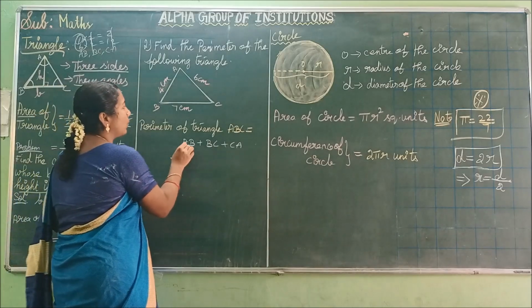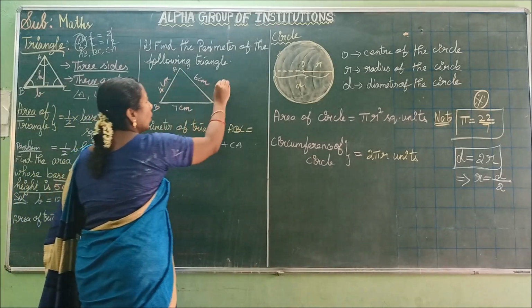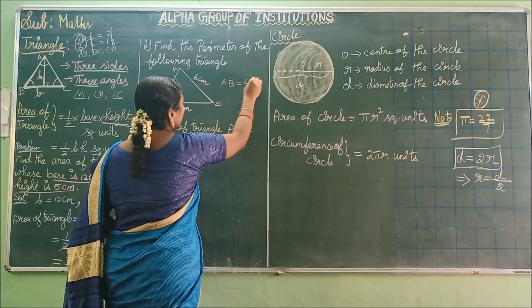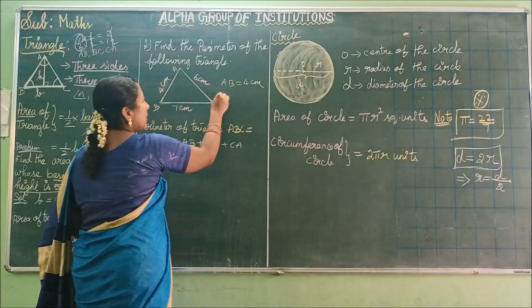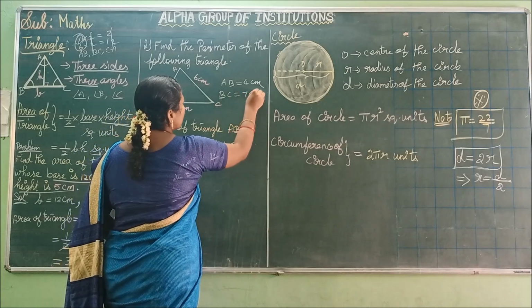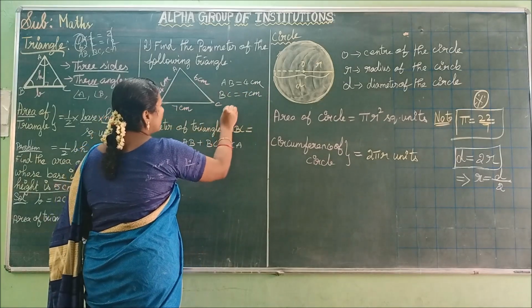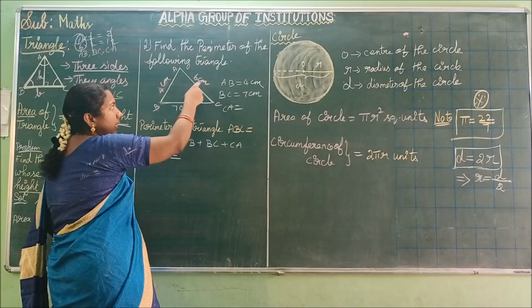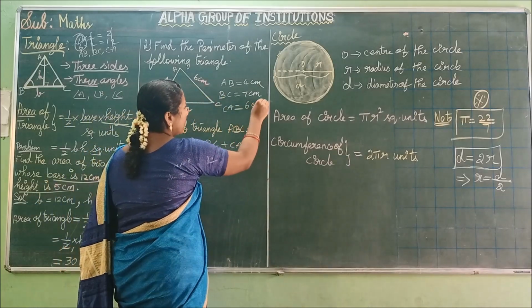Okay. What is the length of AB? AB equal to 4 centimeter. What is the length of BC? It is equal to 7 centimeter. What is the length of CA or AC? Both are correct. Its value is 6 centimeter.